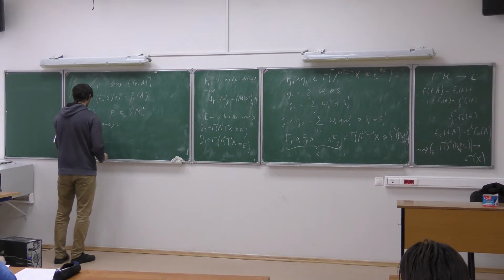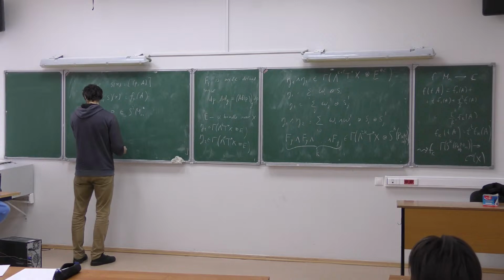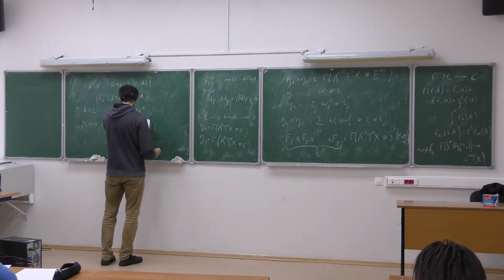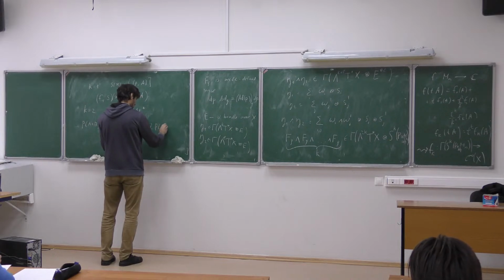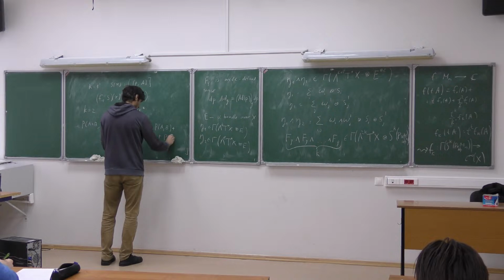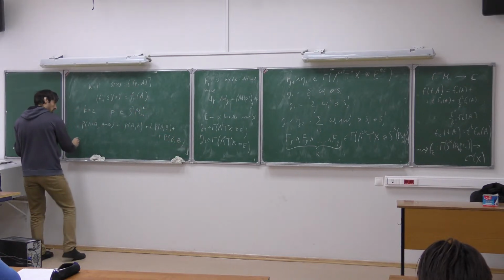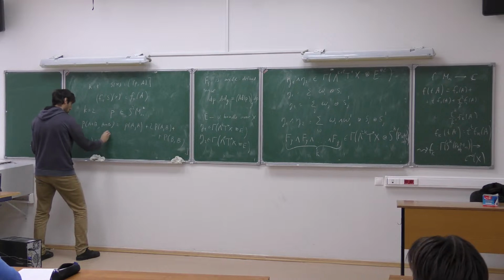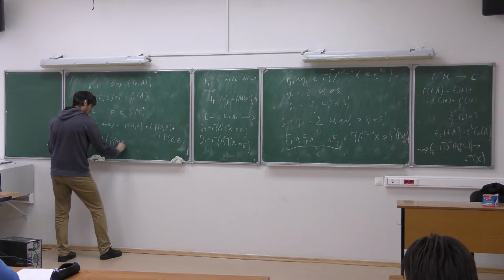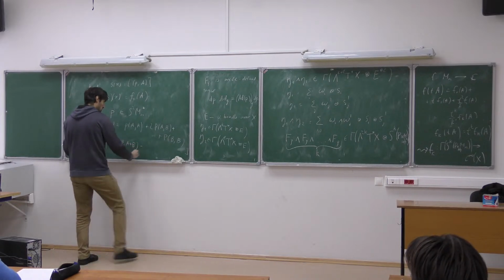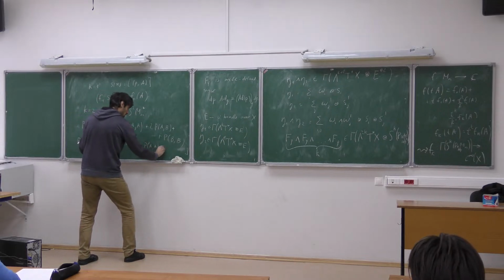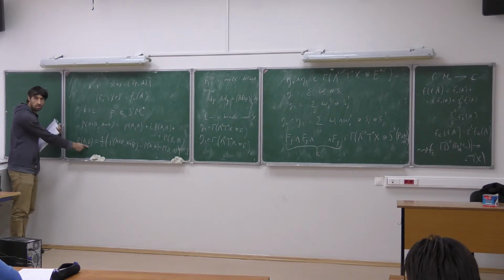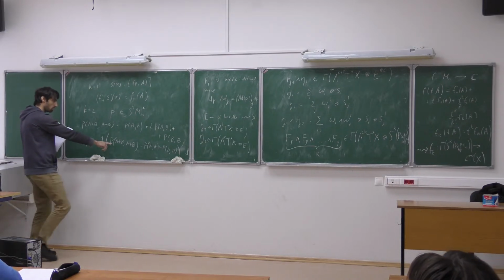Well, we need to do kindergarten arithmetic, right? P of A plus B is P of A A plus 2 P of A B plus P of B B. And so therefore, P of A B is 1/2 of P of A plus B minus P of A A minus P of B B. So if I have something symmetric, then its values are just defined by values on diagonals.